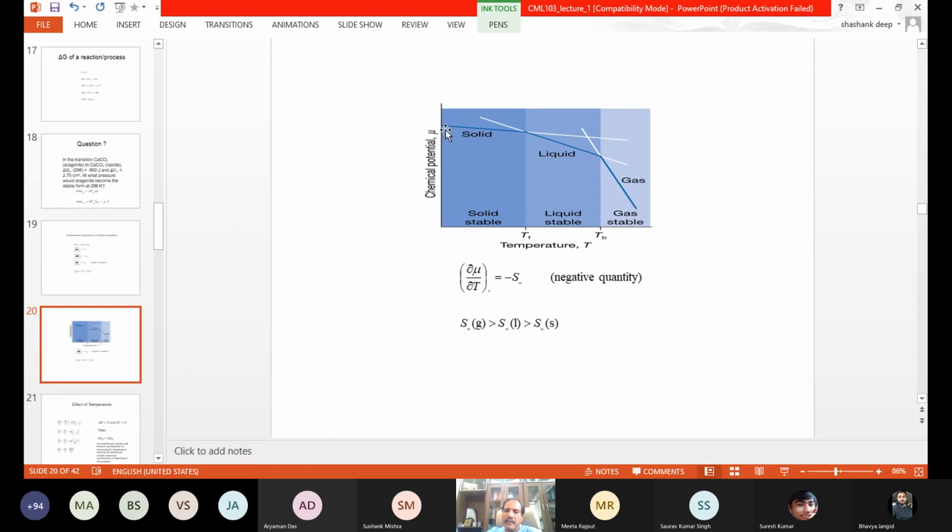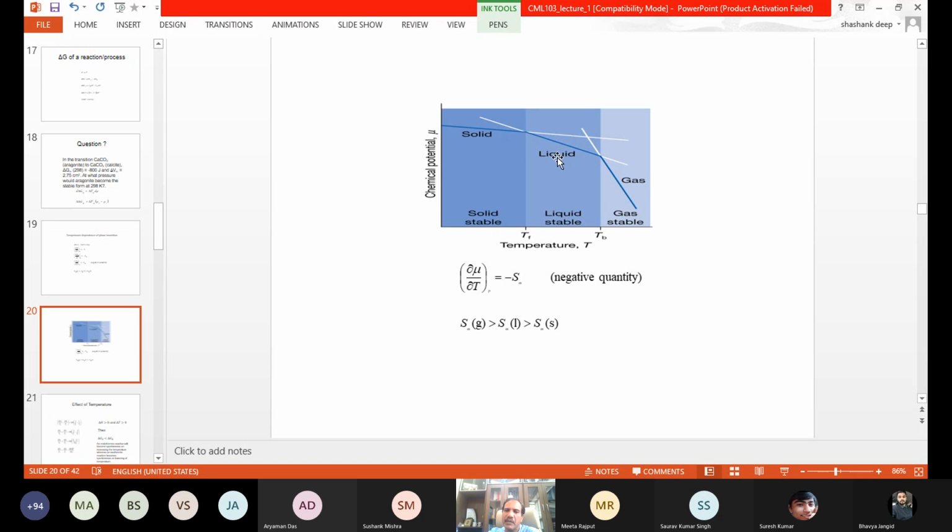This is the way the molar Gibbs free energy of solid will change. Here the liquid will be much steeper, and for gas you will observe the steepest change. Am I right? So at one point, the free energy of liquid will become lower than the free energy of solid.